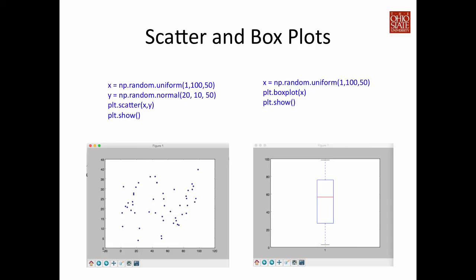So here what you see is the minimum value, the maximum value. Also, the box plot starts from the end of the first quartile to the end of the third quartile, and you also show the mean value in the middle. So in this example, the mean value is about 60.